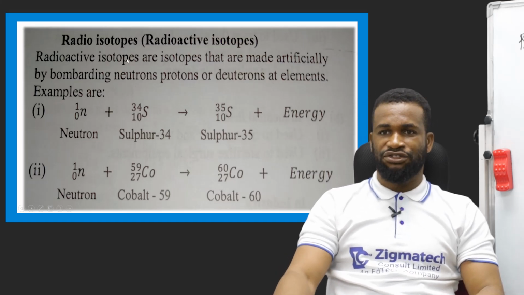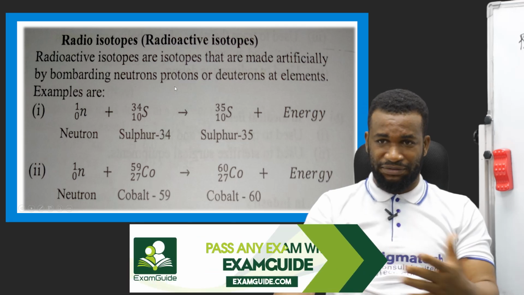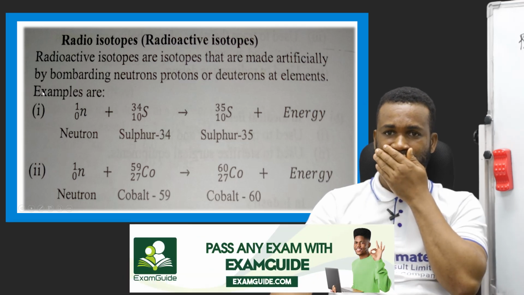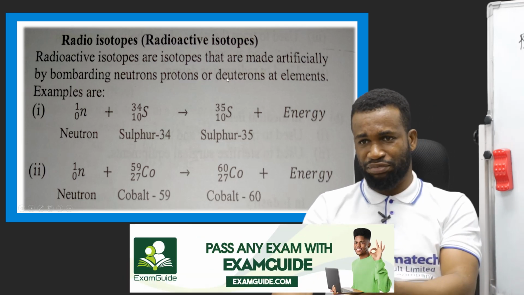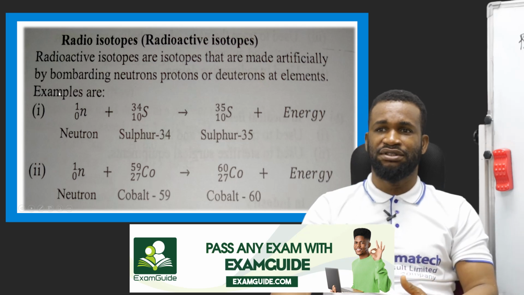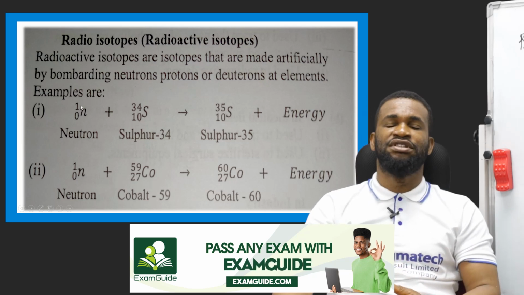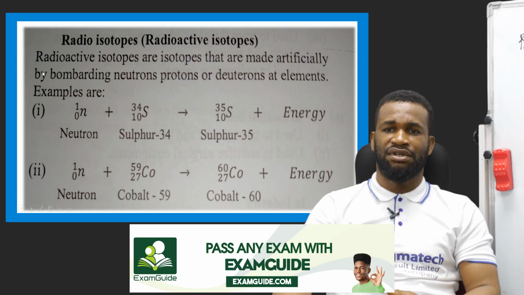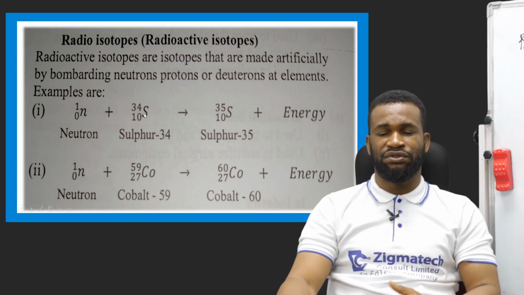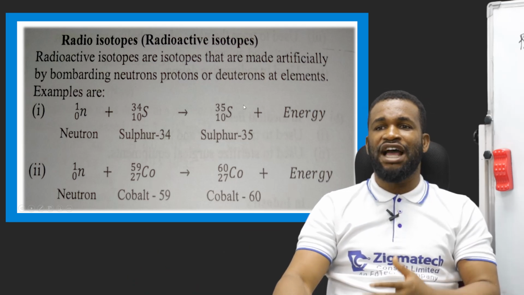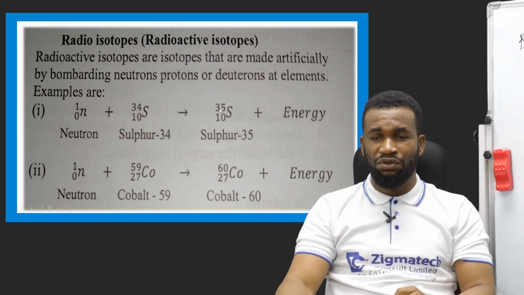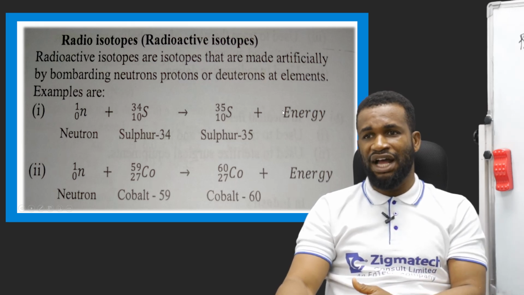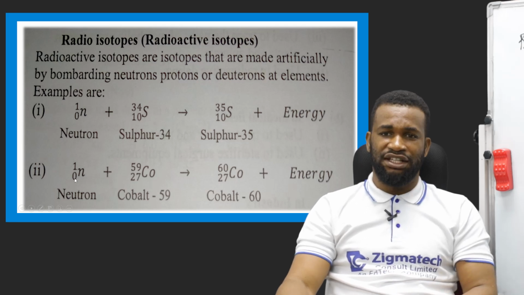Radioisotopes are isotopes that are made artificially, we have said this before, by bombarding neutron, proton, or deuteron at elements. Example, this is neutron, and then this one is sulfur-34, and it produces another sulfur, which is sulfur-35, and the release of very high energy. Then this is also neutron.